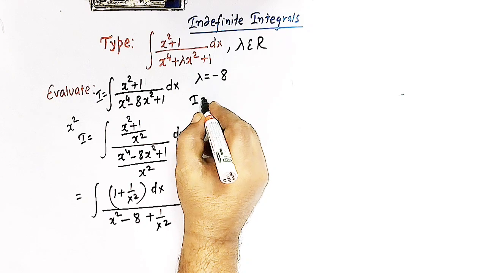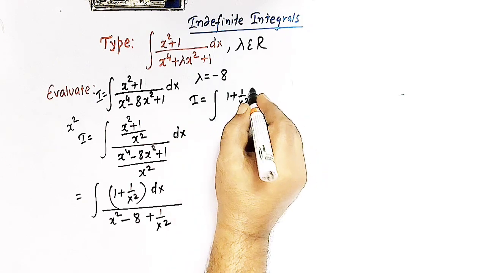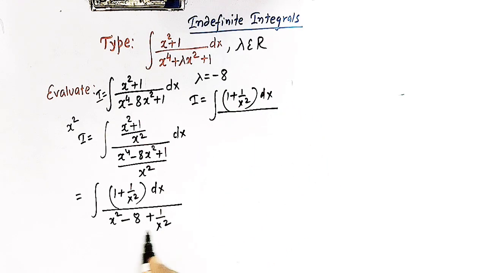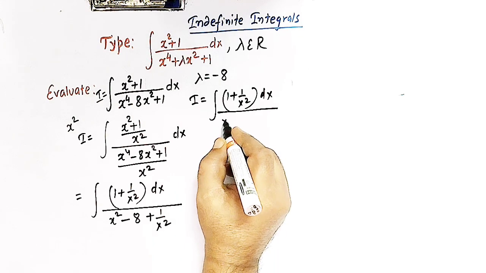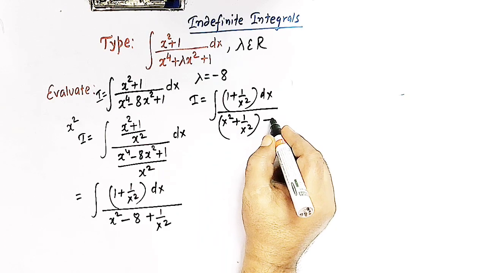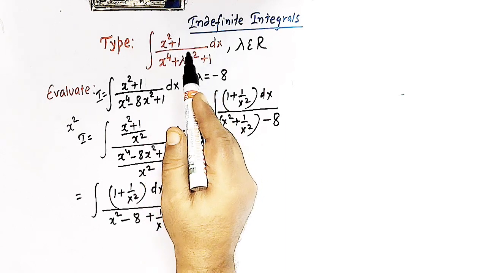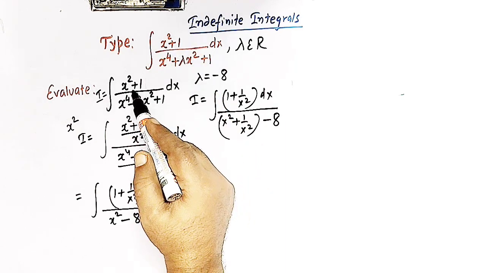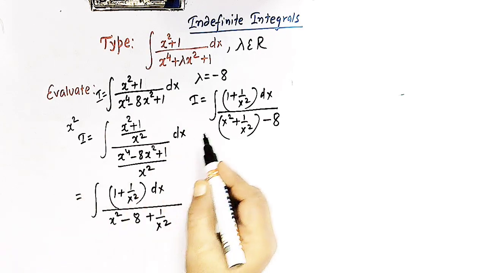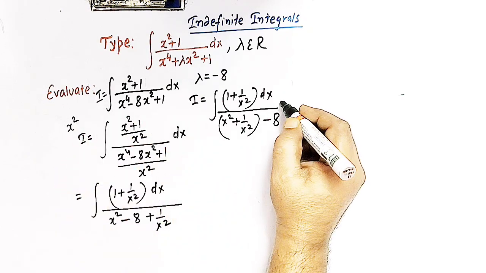So now this integral I can be written as 1 plus 1 over x square dx, and in the denominator we can collect these two terms, that is x square plus 1 over x square, and here we have minus 8, right? So the first step to solve these kinds of indefinite integrals is to divide the numerator and the denominator by x square and get the form of the integral I like this.